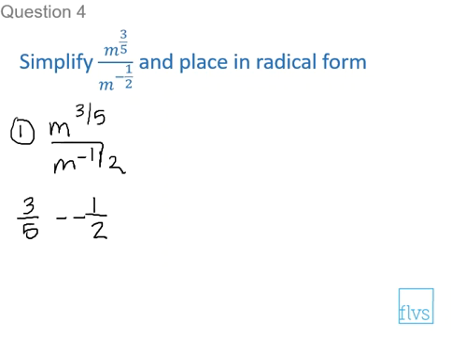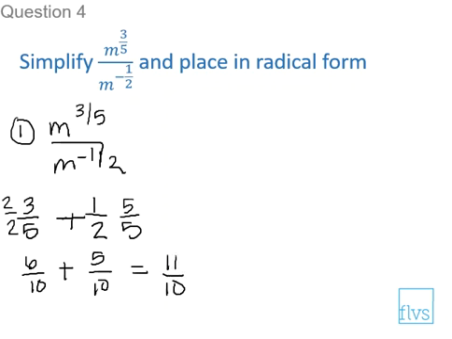The common denominator between 5 and 2 is 10. So that means we multiply the first fraction by 2 over 2 and the second fraction by 5 over 5. The first fraction would become 6 over 10. The two negatives equal a positive, and then we would get 5 over 10, which gives 11 over 10.